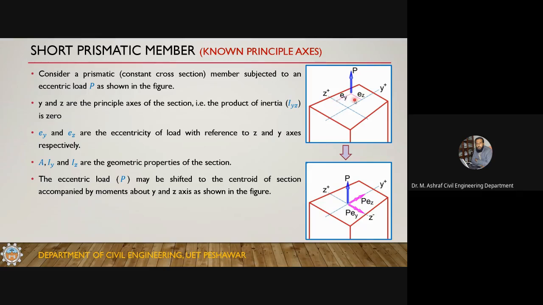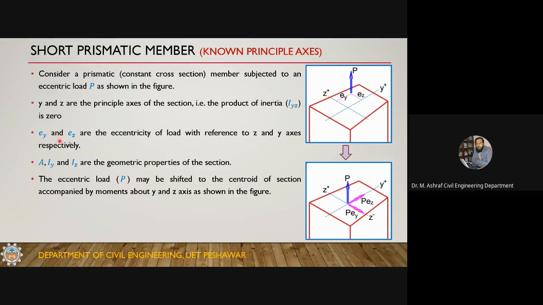The eccentricity along the z-axis is Ez, and along the y-axis the eccentricity is Ey. This y and z are the principal axes, and about these axes the product of inertia is zero.